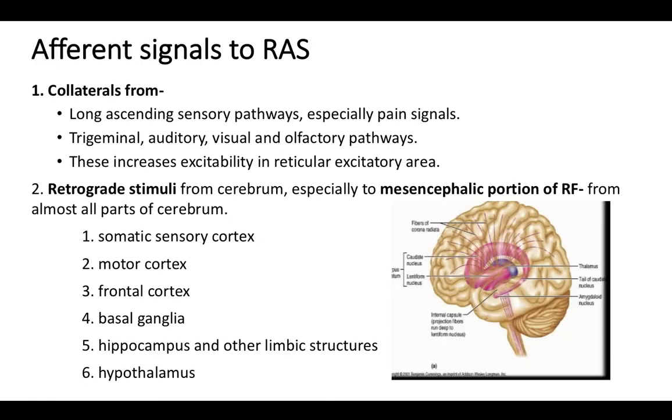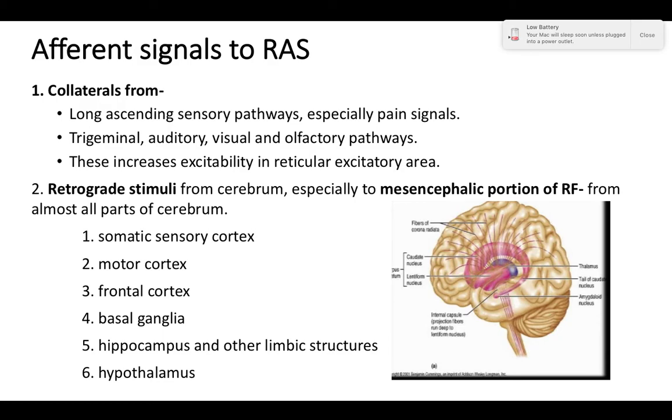Now there are certain afferent signals that can reach the ascending reticular activating system. Let us see what are the collaterals or afferent signals that reach it. First, the collaterals from the long ascending sensory pathways, especially pain signals. Then other pathways, that is the trigeminal, auditory, visual and olfactory pathways. What these fibers basically do is increase the excitability in the reticular excitatory area.